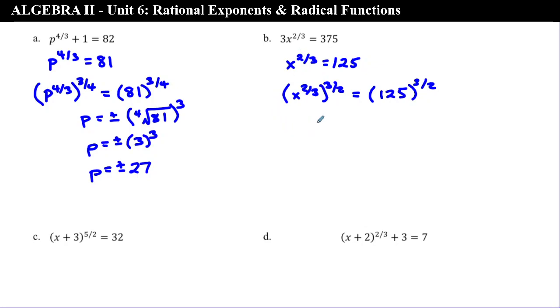Okay, so now we have x equals the square root of 125 to the 3rd, or I think it's going to be easier to do it the other way.